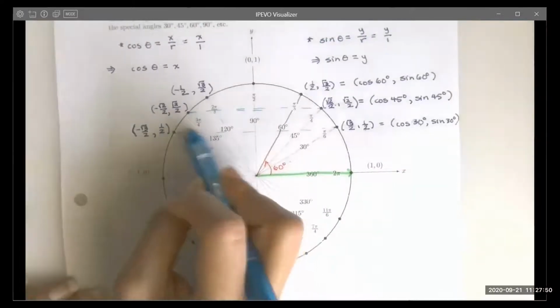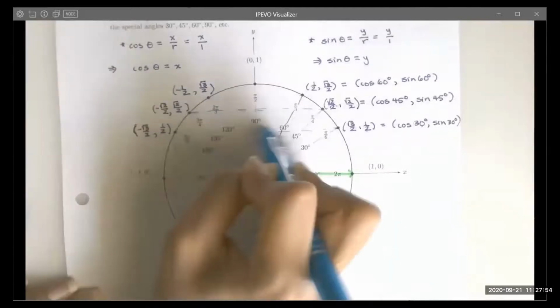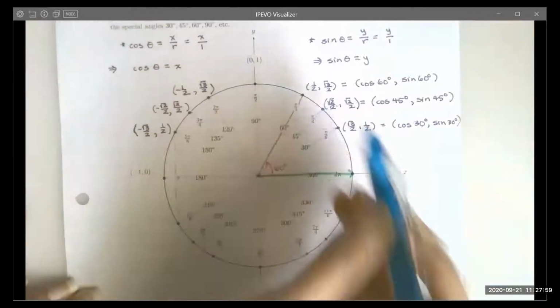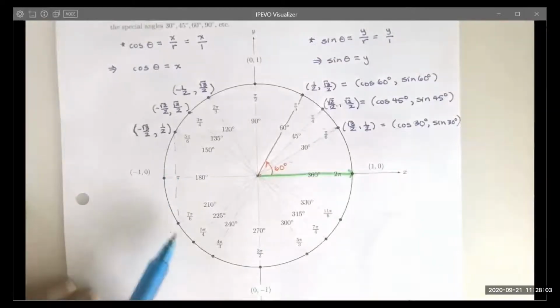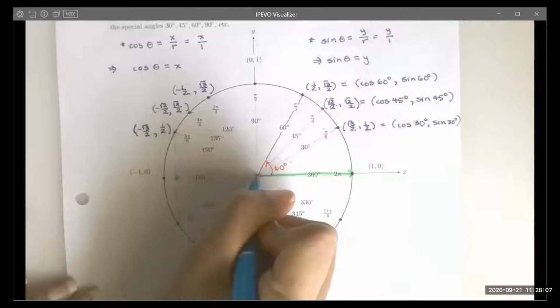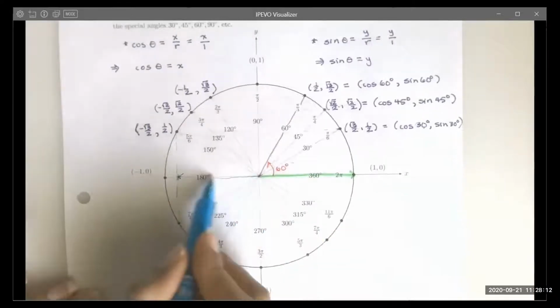And I'm going to go ahead and erase these lines so that it doesn't become too overwhelming with all of the bits and pieces of this diagram. But if we reflect it over, what does that mean? What do they share in common? Well, in order to get to that point, we have to travel a certain distance in the x direction.